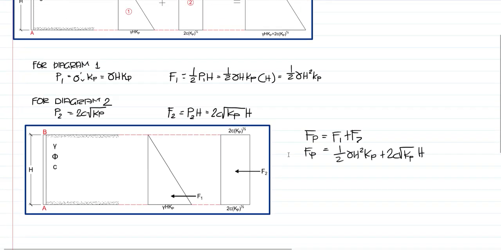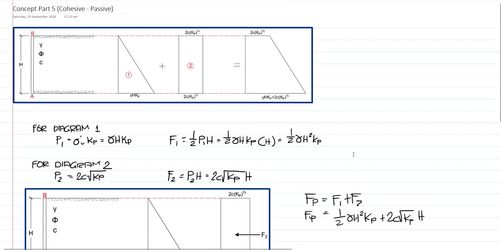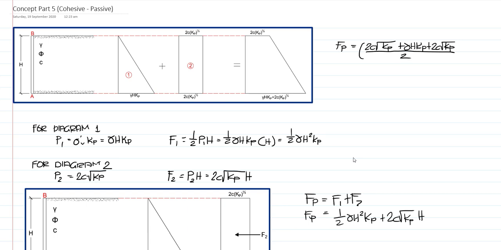Now, we can have our passive earth force coming from this resulting diagram, which will be F sub P, that is equal to, so yung nasa taas, 2C square root of Kp plus gamma H Kp plus 2C square root of Kp divided by 2 times the height H. So, I'll also assure you that this passive earth force from the resulting diagram will yield the same value as the passive earth force coming from this equation.